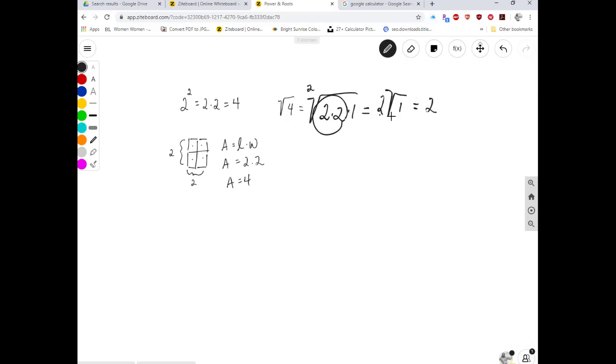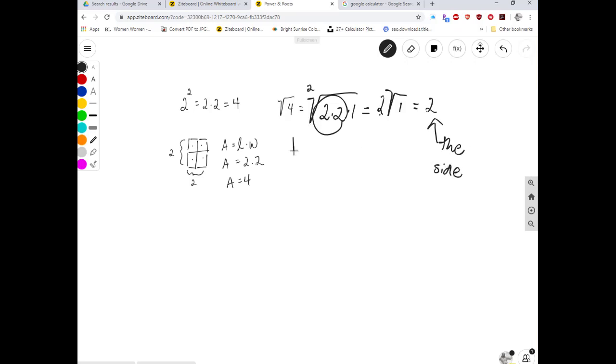The 1 stays inside, and I basically get 2 radical 1, which is just 1, and I get 2 times 1 is 2. Okay, this gives me the sides, the length of the sides, or the width of the side.